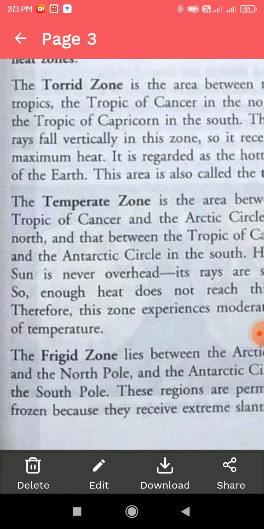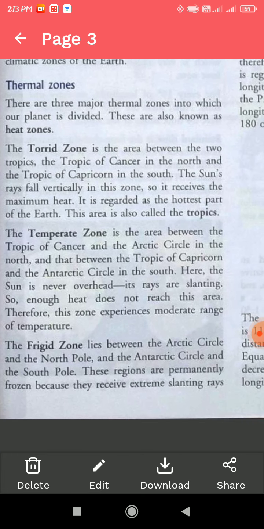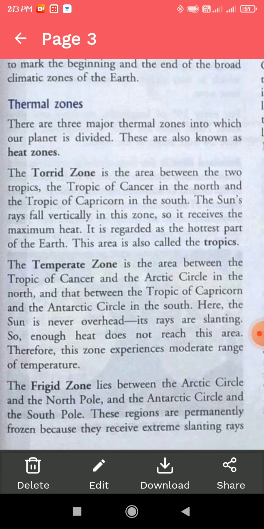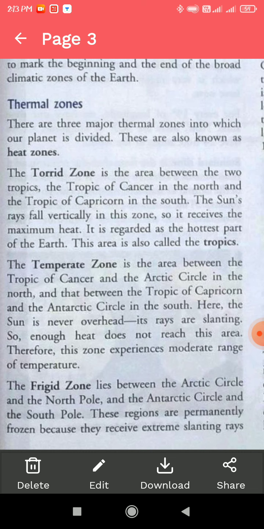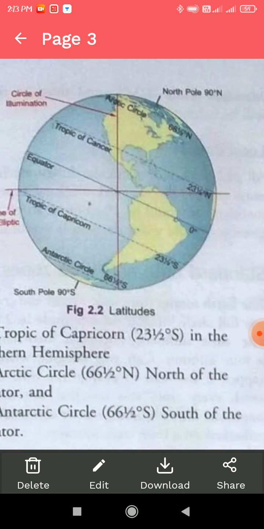Now the temperate zone. The temperate zone is the area between the Tropic of Cancer and the Arctic Circle in the north, and that between the Tropic of Capricorn and the Antarctic Circle in the south. Here, the sun is never overhead, its rays are slanting, so enough heat does not reach this area. Therefore, this zone experiences a moderate range of temperature. So, see the figure.